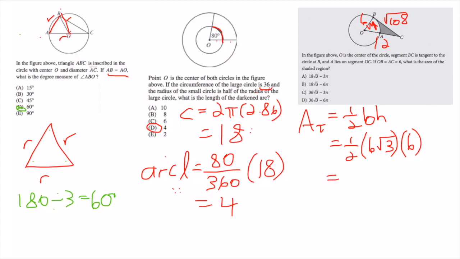So when I do this out, it'll give me 36√3 over 2. I just multiplied 6 times 6 to get my 36 right here. It leaves me with 18√3. So that's the area of my triangle.